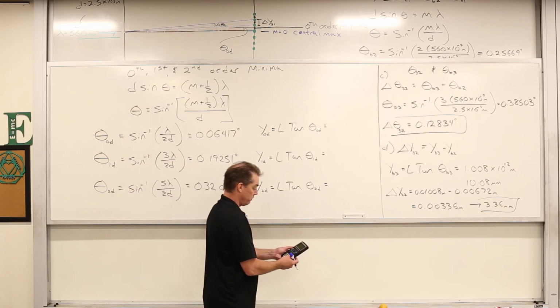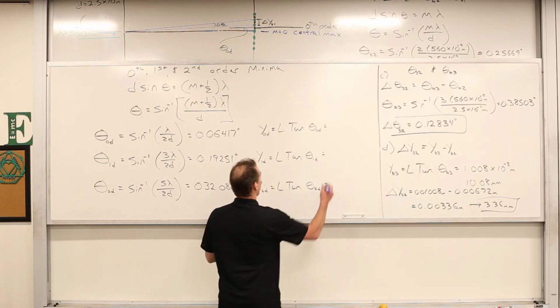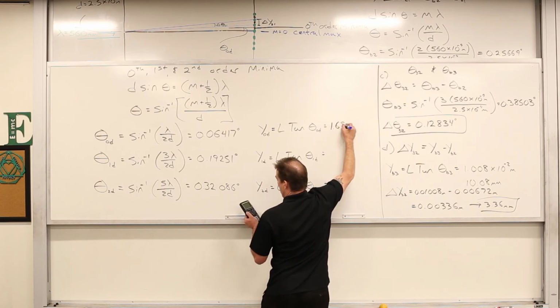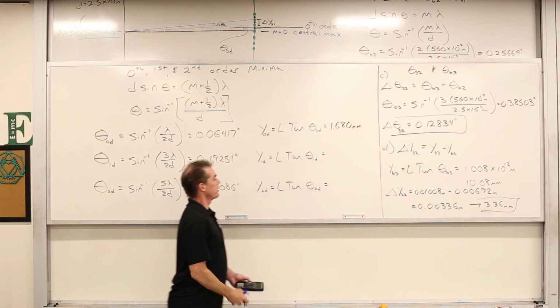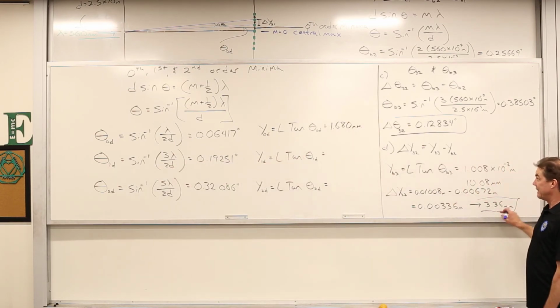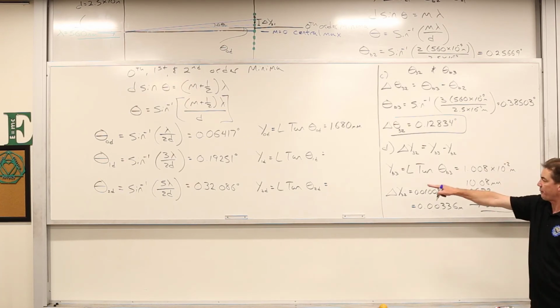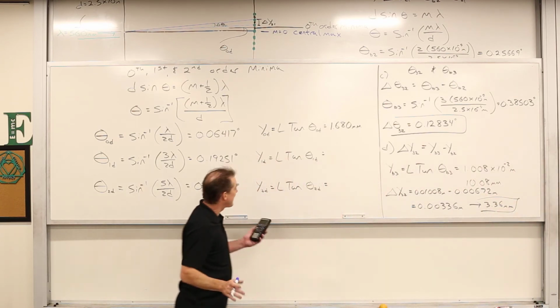We'll just do it in millimeters. 1.680 millimeters. This was equivalent to the distance to the first order maxima, and that's halfway in between. 1.68 millimeters to 3.36 millimeters, 1.68.